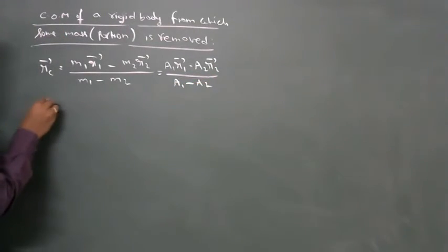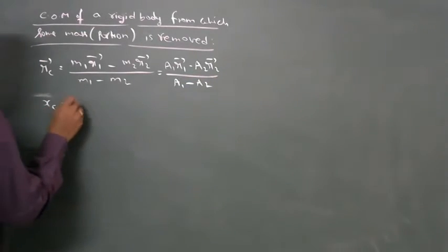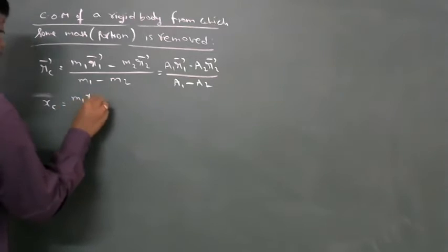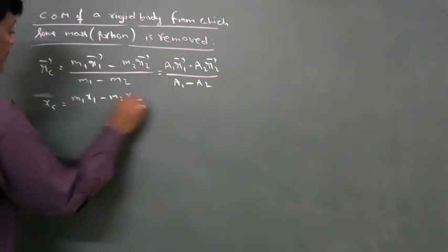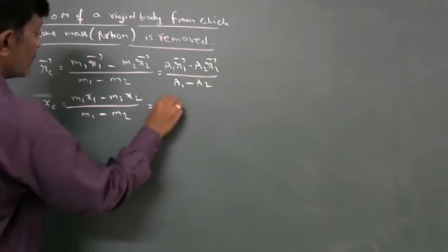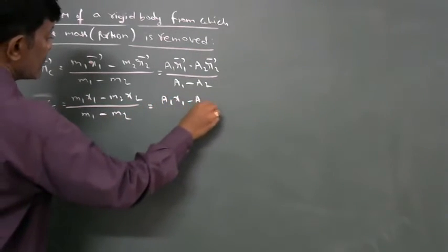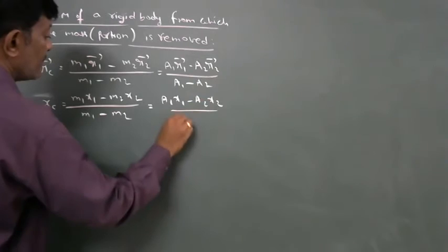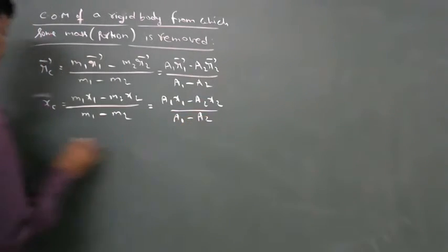And for coordinates, for calculating the x coordinate, xc is equal to (M1 x1 minus M2 x2) divided by (M1 minus M2). That is equal to (A1 x1 minus A2 x2) divided by (A1 minus A2).